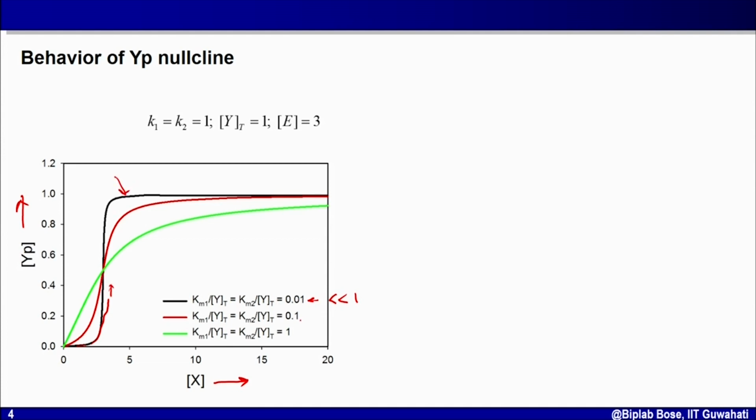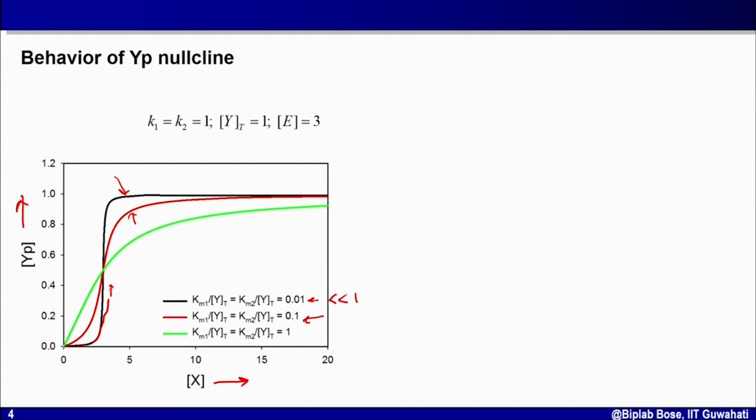When I reduce this value Km1 by Yt, that is the Michaelis-Menten constant divided by total amount of Y, to 0.1, we still get a sigmoidal curve, this red one, but the steepness is a bit narrowed down.